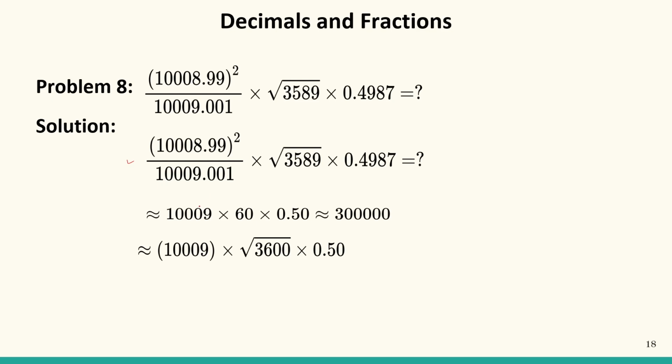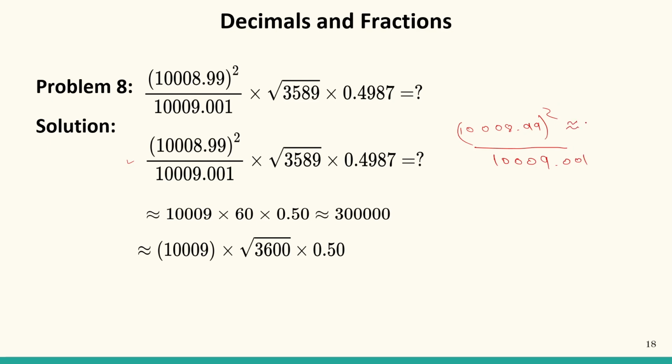What we do here is a bit tricky, that is we approximate the upper number. This number is approximately 10009, since there is 99 here, only a difference of 0.01. So we can assume it to be 10009.